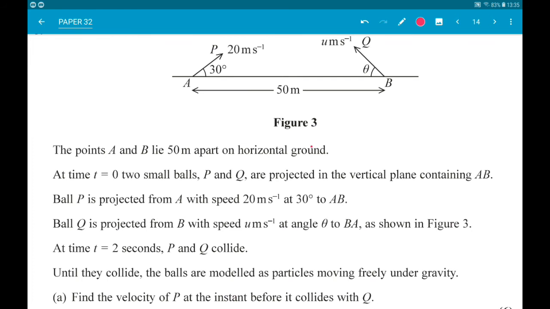Until they collide, the balls are modelled as particles moving freely under gravity.